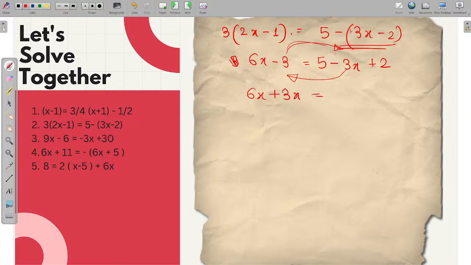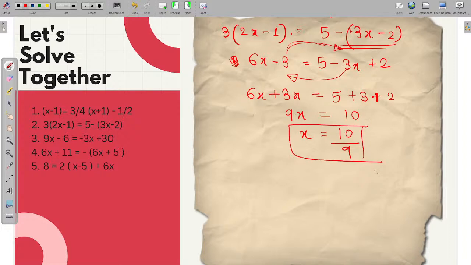And this −3, while changing side it will become +3, so it will be 5 + 3 + 2, right? And this will be 9x, and 5 + 3 + 2 will be 10, so the value of x we get is 10 by 9. Correct? Hope you got the idea. Let's move on to the next question now.